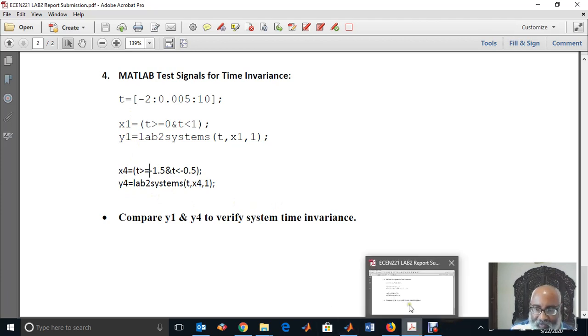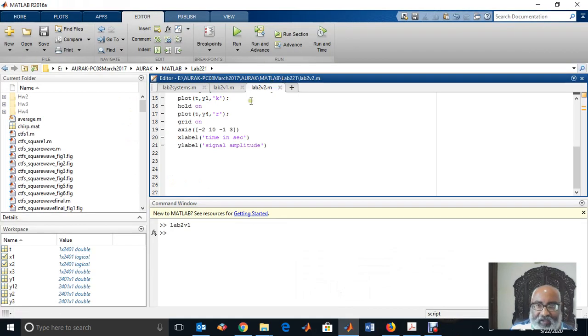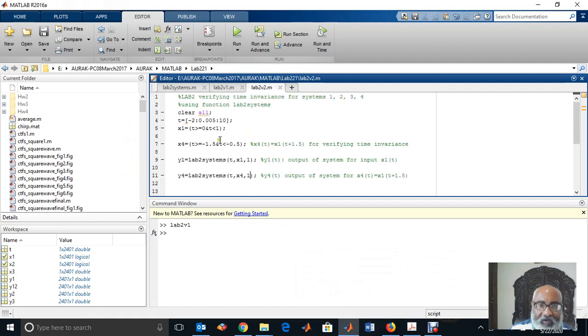So let's go to MATLAB again. The MATLAB script file I created is lab2v2. Again, it is the script file. Again, the time vector is between -2 and 10. X1 is 1 between 0 and 1.